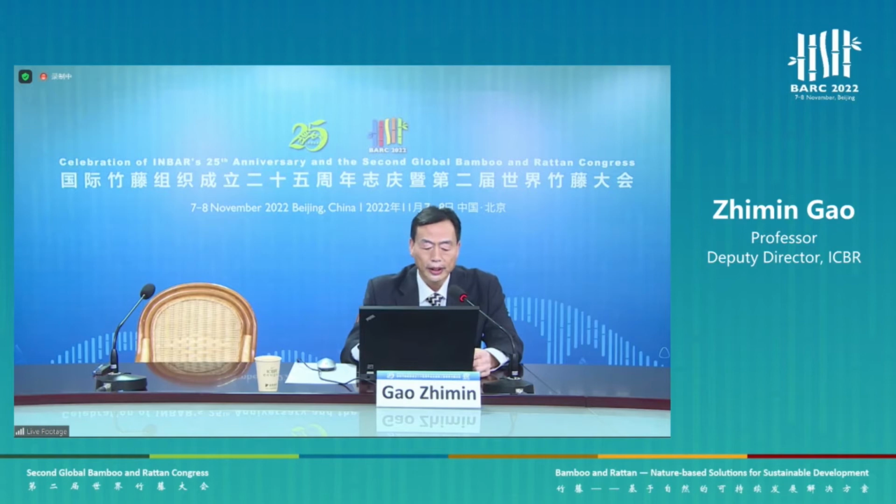The first speaker is Professor Qiang Zhu from Fujian Agricultural and Forestry University, China. His research interest is bamboo molecular biology and biotechnology. Currently, his group has been establishing the regeneration, genetic transformation, and genome editing platform for bamboo.